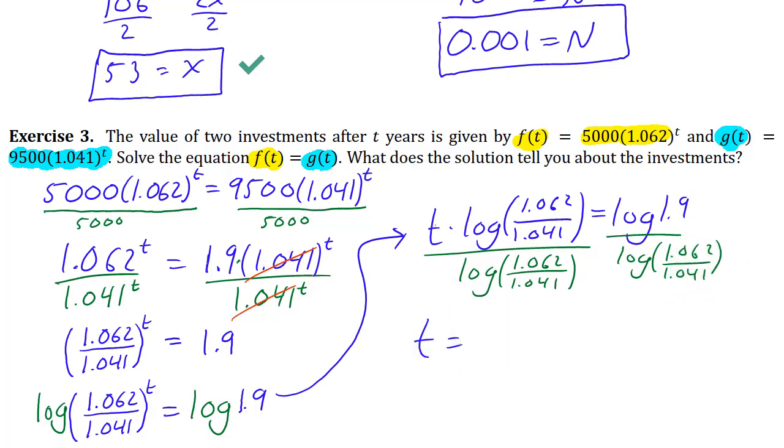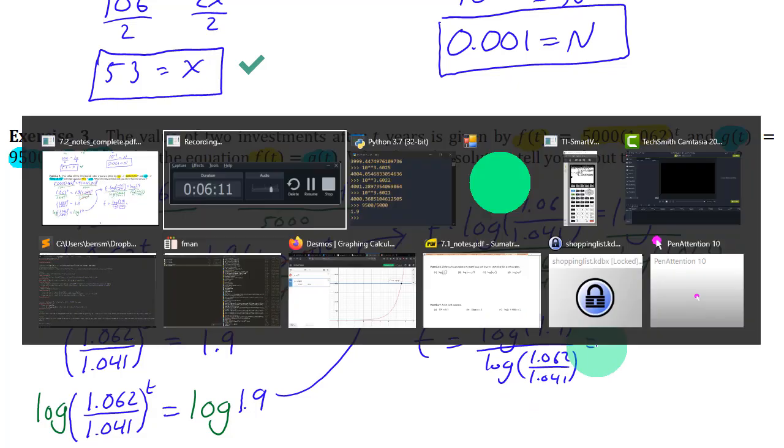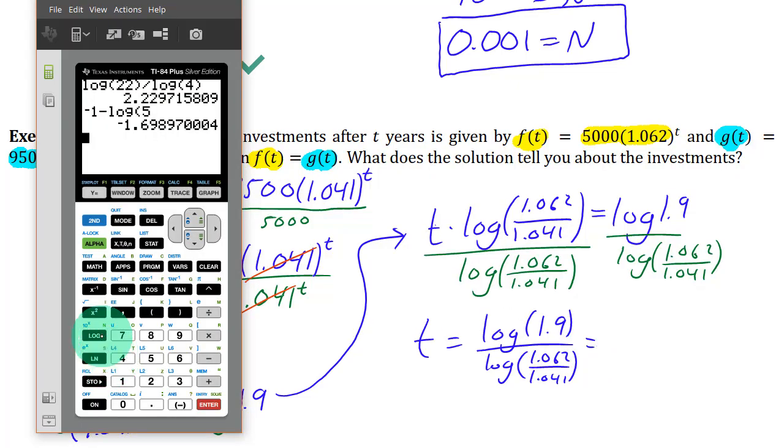And you're going to get t is whatever log of 1.9 over log of 1.062 divided by 1.041 comes out to be. Let's see. We got 32.137.